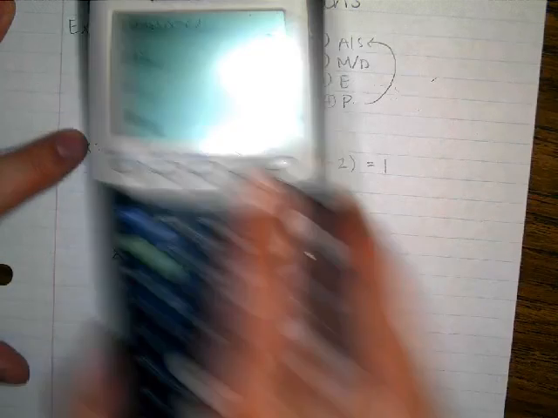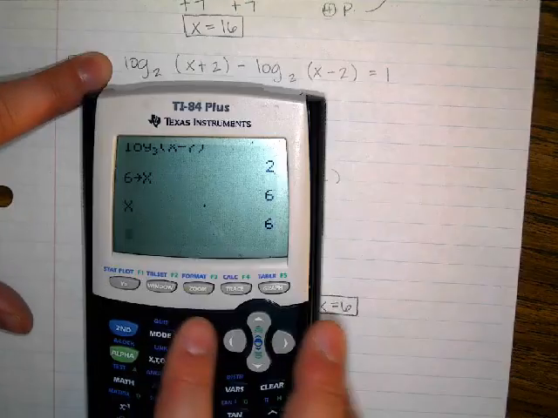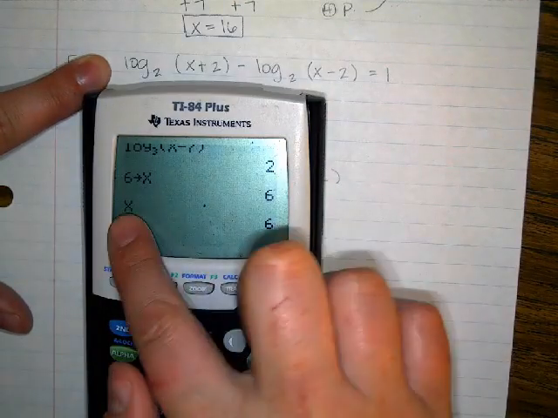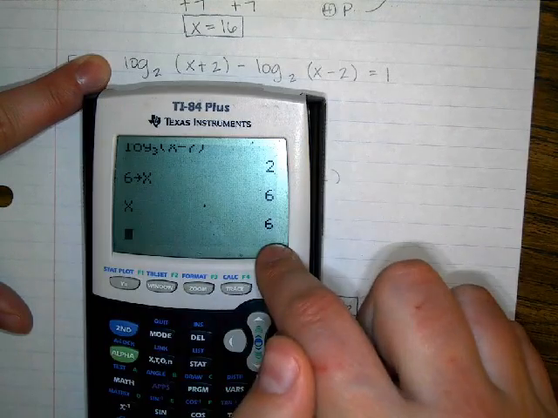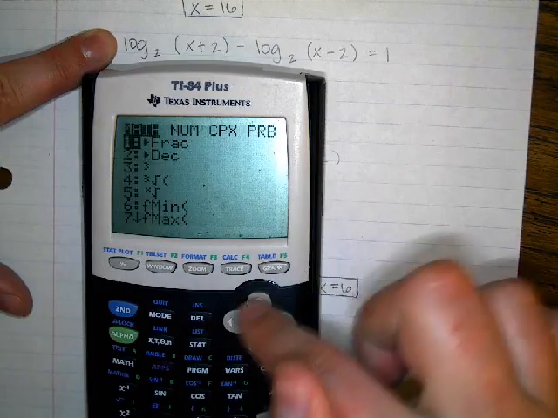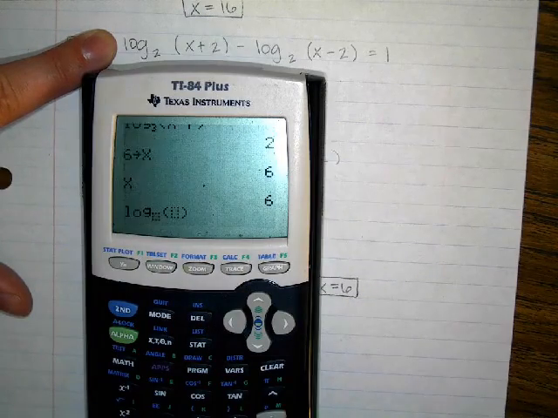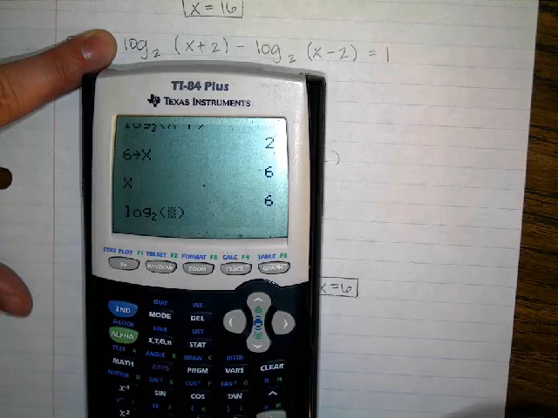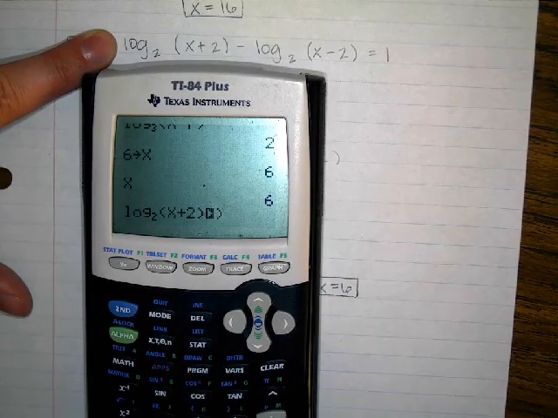So math, up, up, log base 2 of x plus 2 minus log base 2 of x minus 2, and the answer should be 1.